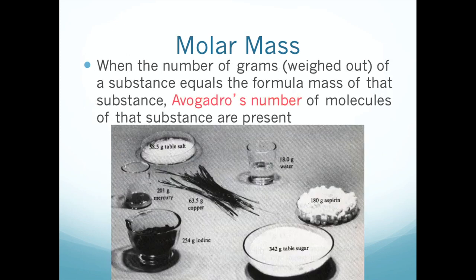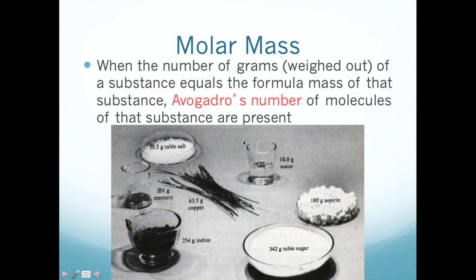Okay. So whenever you add up the masses of your elements in your compound, what you're doing, instead of just getting the mass in atomic units of one molecule of that substance, you're really getting the mass in grams of 1 mole of that substance. Let's take water, for example.